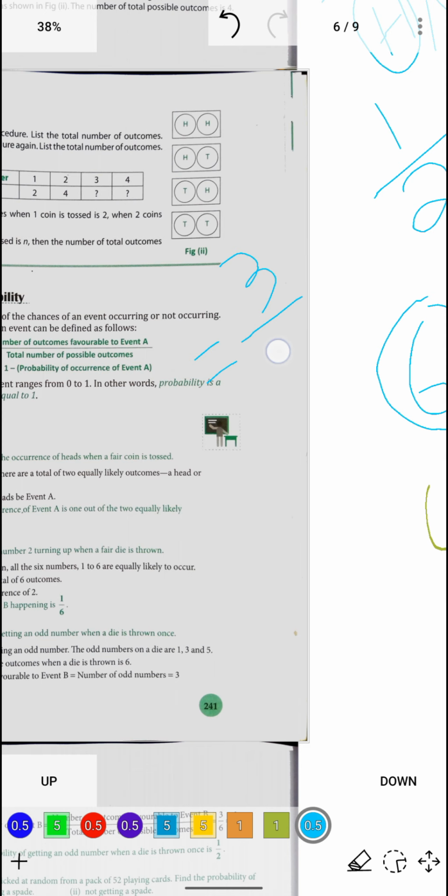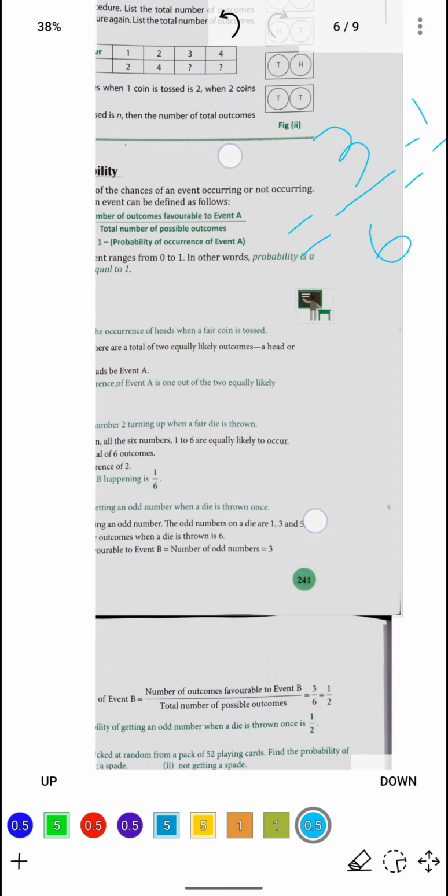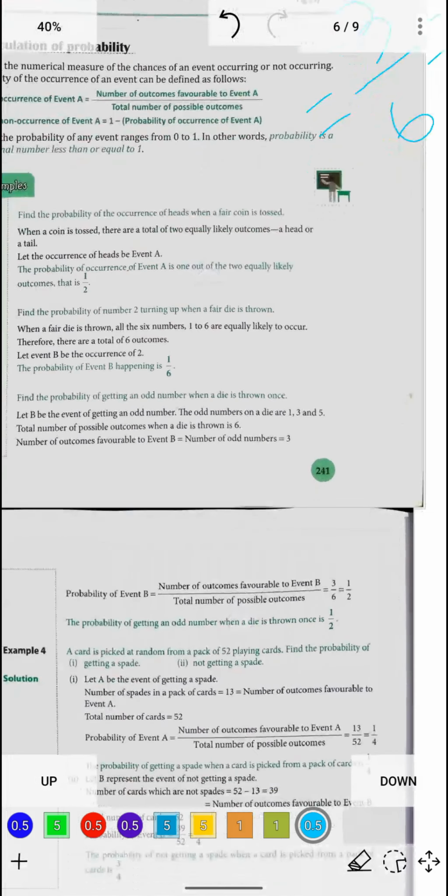And the total number of possible outcomes, that is the total number of numbers on a die, is 6. So it is going to be 3 by 6. On cancelling out the common factor, this will also give you 1 by 2. Here is the detailed explanation of the same.